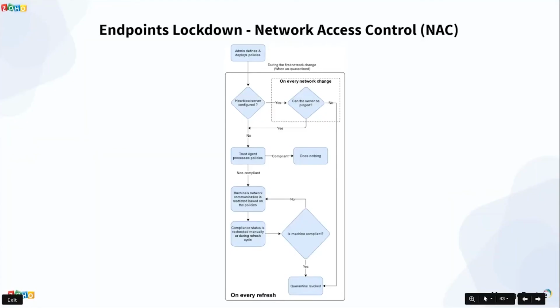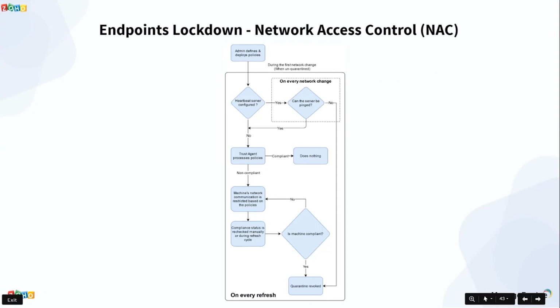So this is the architecture. You can configure a heartbeat server. Once you configure the heartbeat server, the server will check all the endpoints on whether they are compliant based on the IT administrator's policy. If it is compliant, it will not make any changes. If it is not compliant, then it will quarantine that machine from accessing the network resources.